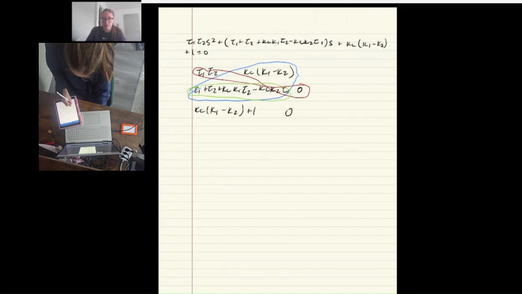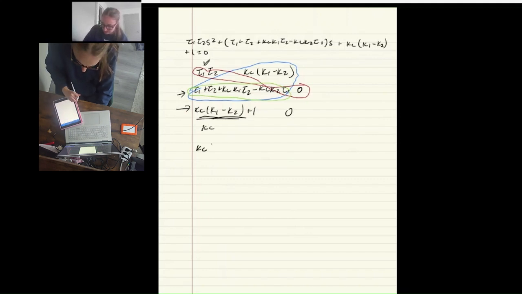If we do that again, where we cross multiply and then divide by this function here, it's going to give us Kc times K1 minus K2 plus 1. With the Routh-Hurwitz analysis, you want all the entries in the left column to be the same sign. In this case, we want them to be positive. So if we find anything that could be negative, we need to find the parameters for it. These two have negative signs in there, so let's look at that.